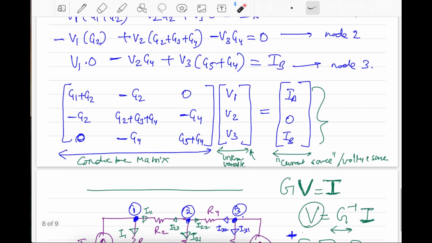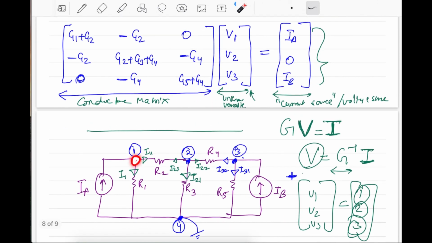As you can recall, for node 1, the diagonal first element of this matrix, 1 1, has the summation of the resistances for this node 1, and similarly for node 2 and node 3. The off diagonal elements have the resistances which are common to node 1 and node 2, or node 1 and node 3, depending upon which index in the matrix you are looking at.